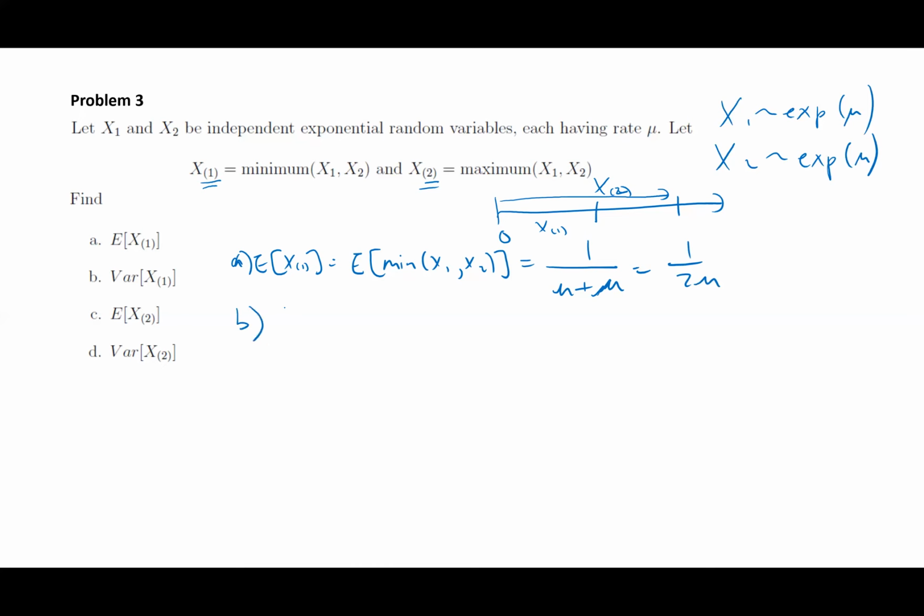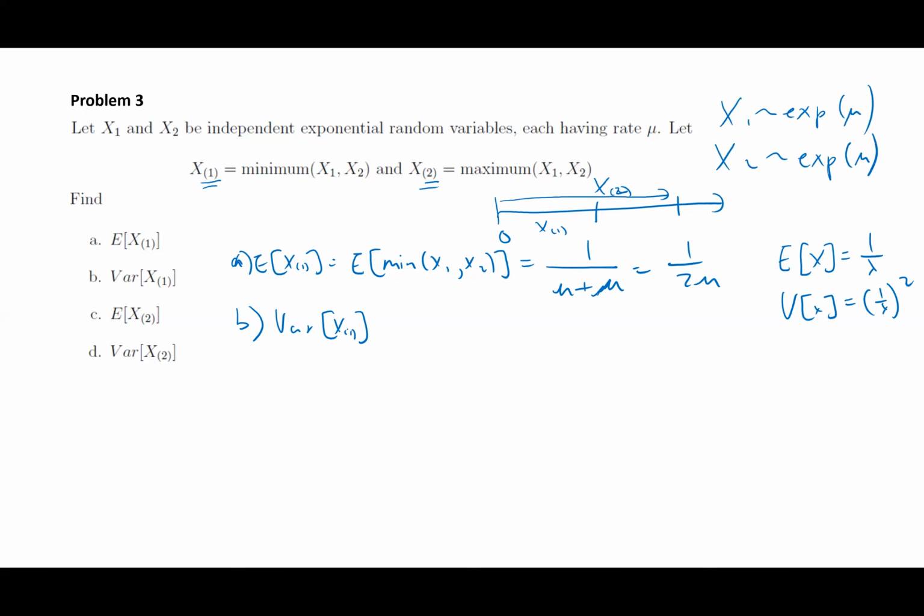Part B, I want the variance of X(1). So how do I get the variance? The nice property of an exponential distribution is that the expected value of an exponential is just 1 over lambda, and the variance is simply 1 over lambda, the whole quantity squared.